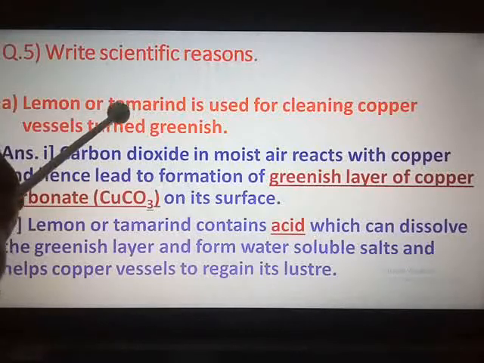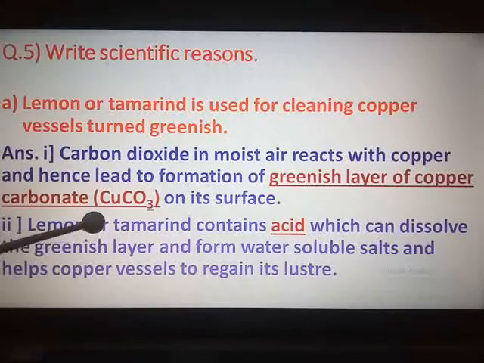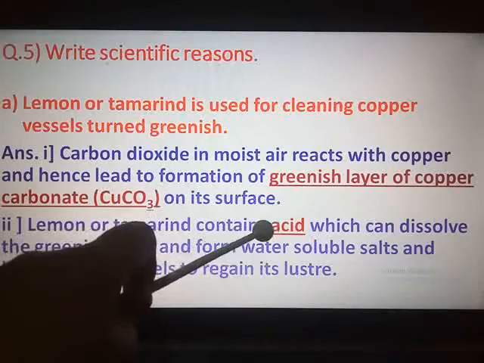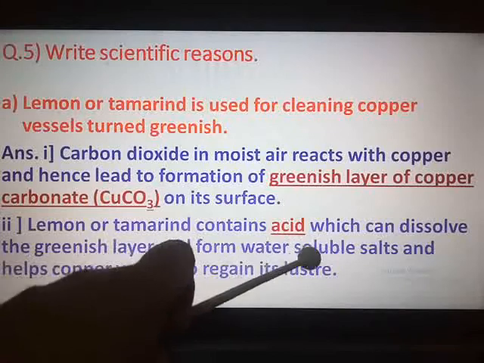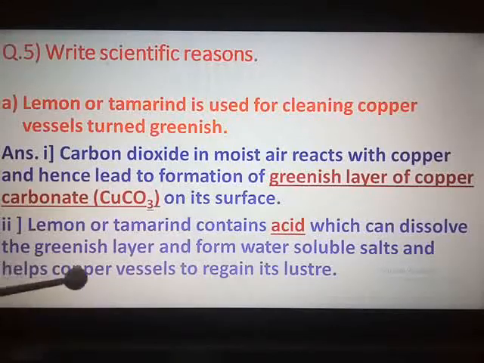Why lemon or tamarind is used? Because lemon or tamarind contains acid which can dissolve the greenish layer and form water soluble salts and helps the copper vessels to regain their luster. Now how copper vessels turn greenish, and what that greenish layer is, should be explained in your first step.